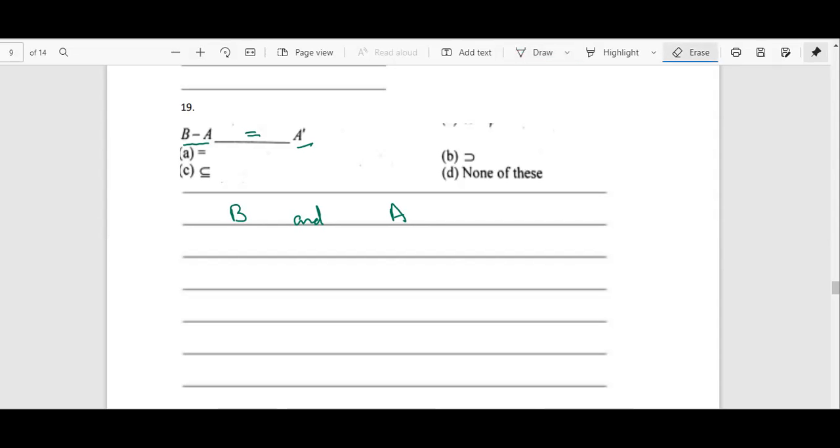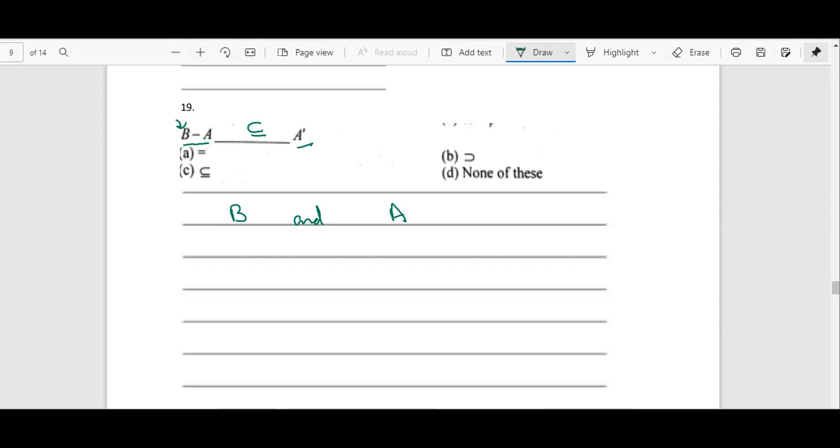So here the option which best suits us is that B minus A is a subset of A complement, because A complement is going to have everything except A, right? B minus A has B other than A. It has all the part of B except A. So this is basically going to be a subset of A complement.